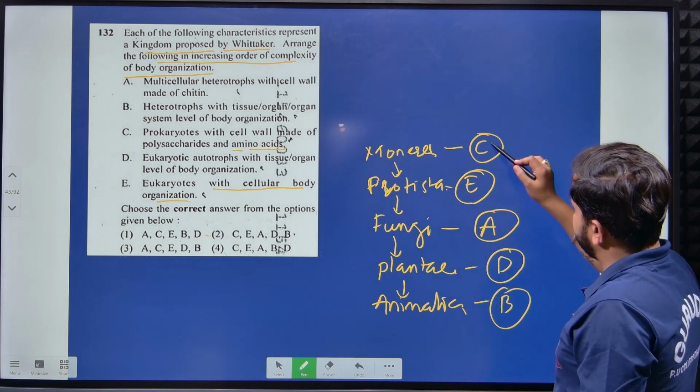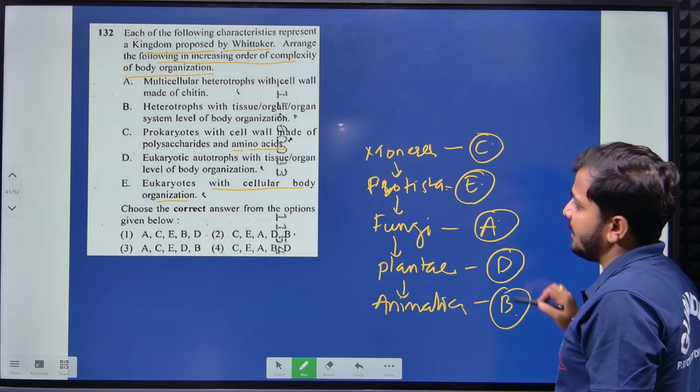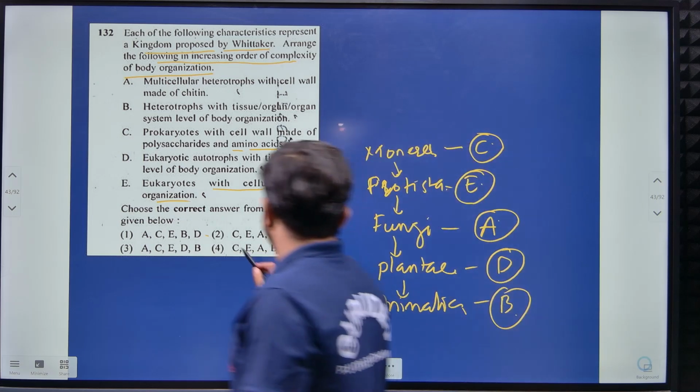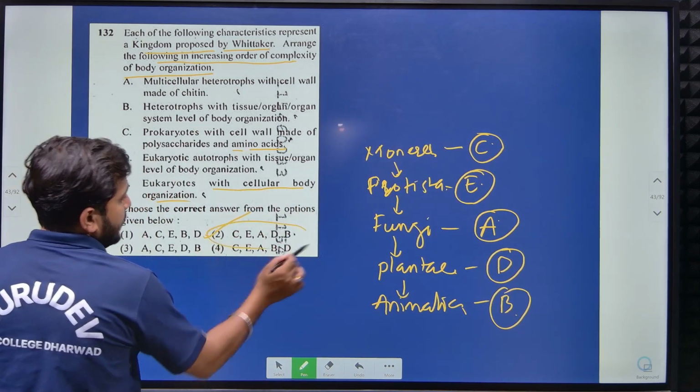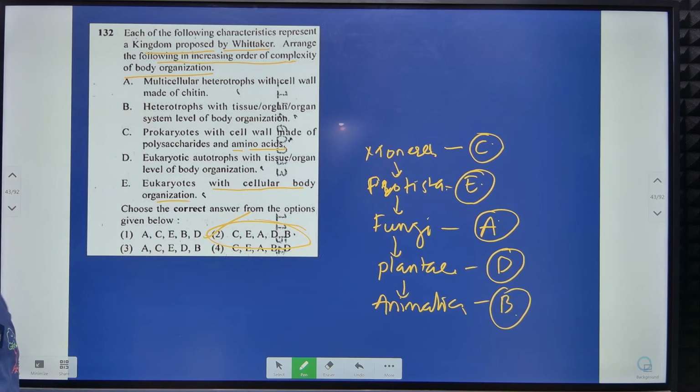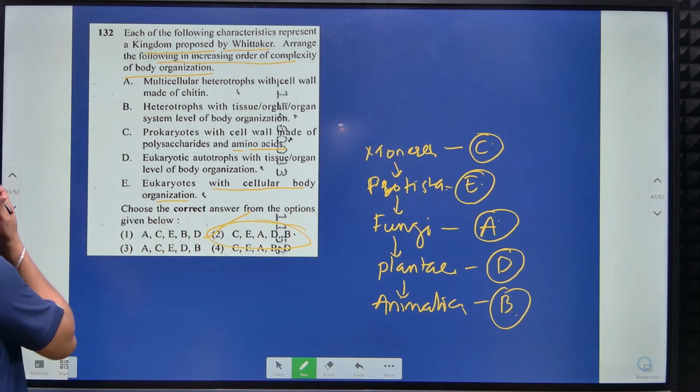So the option-wise order is C, E, A, D and B. So option 2 is correct, comparing the characters.